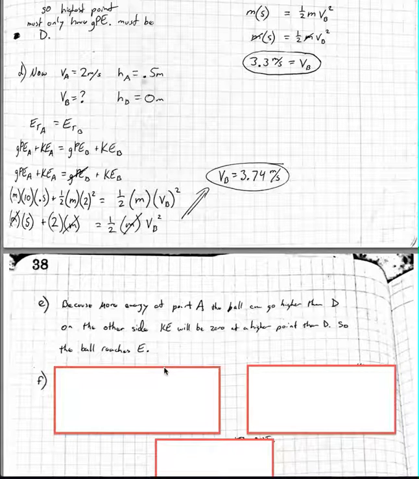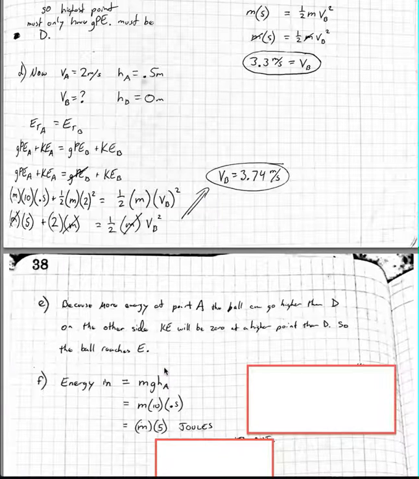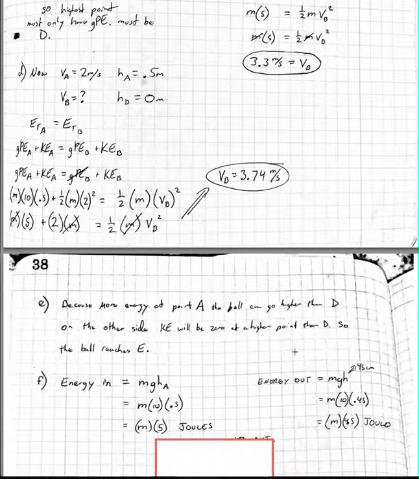And F, you know that this is the energy that you put in. It is m times 5 joules. That's that gravitational potential at A. The energy out, if it only went up to 45 centimeters on the other side, would be the mass times 4.5 joules.